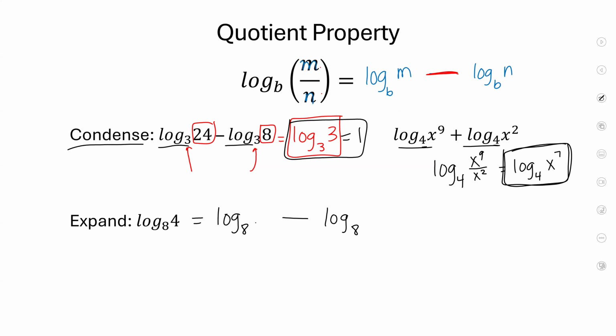I can do 16 divided by 4 will give me that 4. You could say 8 divided by 2 gave you 4. Those are all fine. Okay, so that's the quotient property.